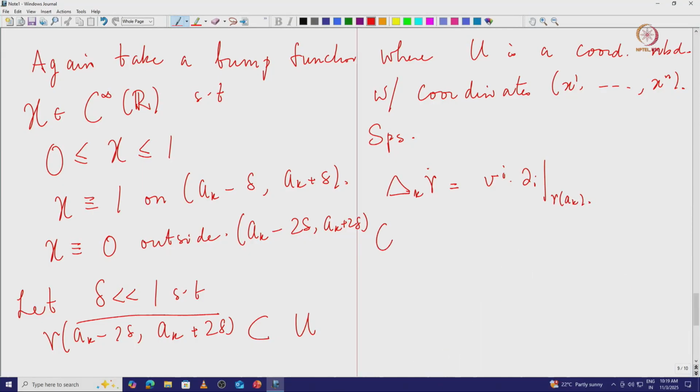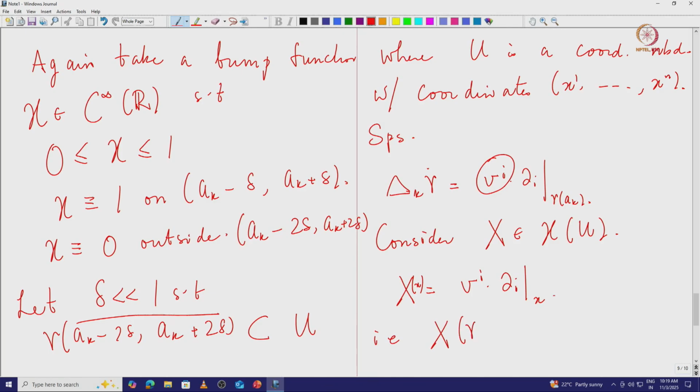Then consider the vector field x on this coordinate neighborhood whose components are given by these constant functions vi. So it is vi del I at x. Okay. So that means at the point gamma of ak, this x is just given by the jump in the velocity vector. Okay.